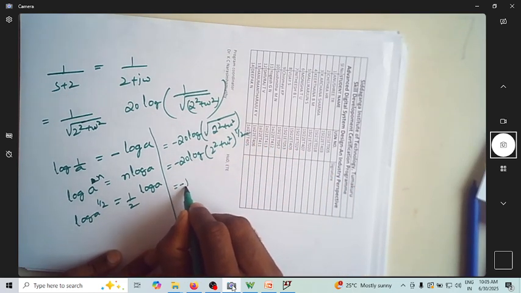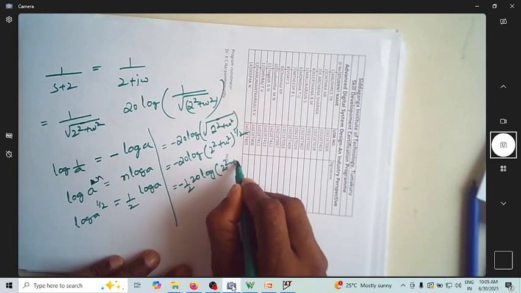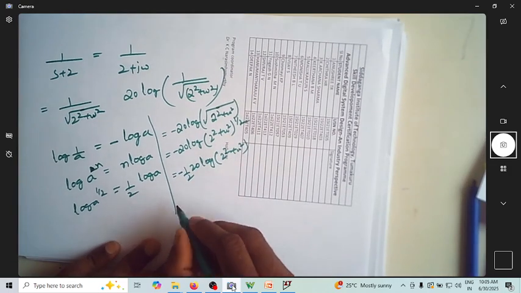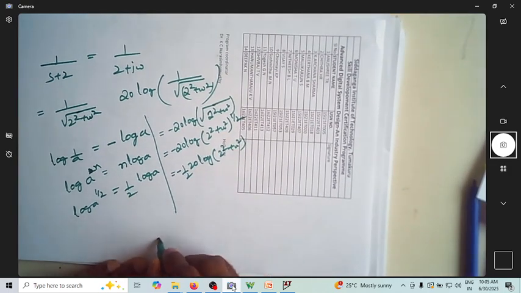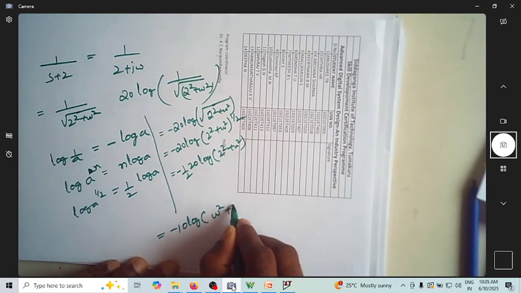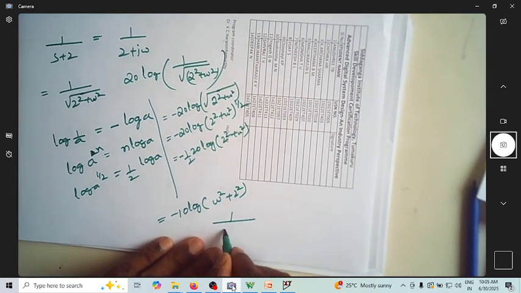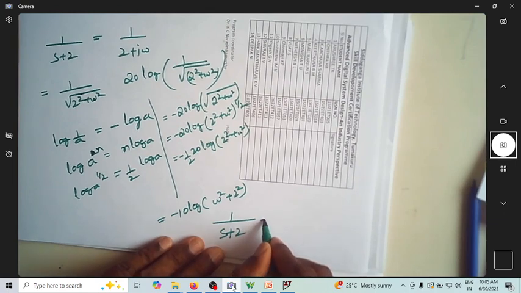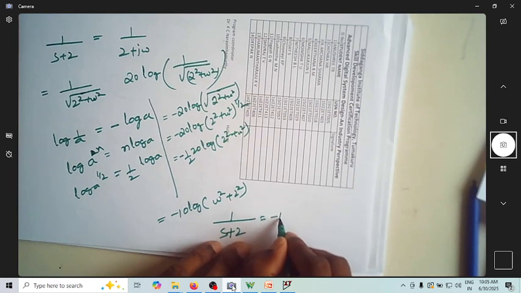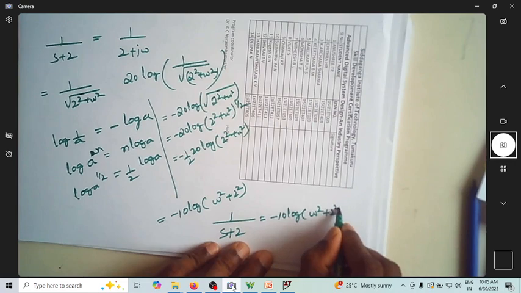It is minus half into 20 log of 2 square plus omega square. So can I now ultimately write this as minus 10 log omega square plus 2 square. So a quantity which is s plus 2 can be written as minus 10 log omega square plus 2 square.